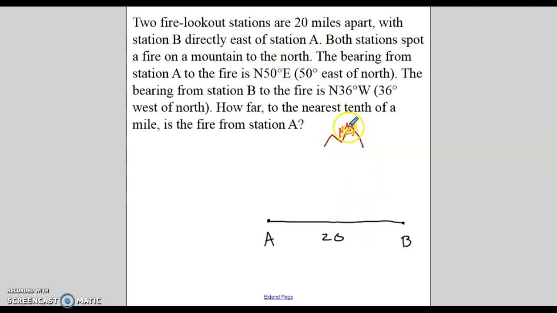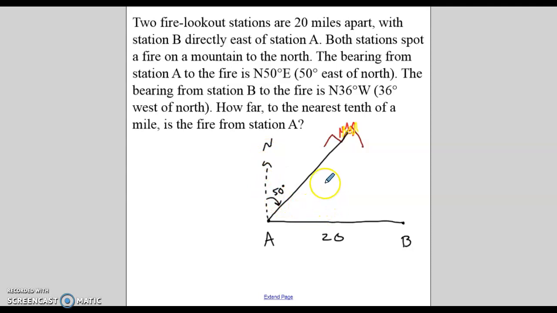Both stations spot that fire and they communicate their bearings. Station A looks at the fire and says that it is north 50 degrees east. That's 50 degrees east of north. So north is this direction, and 50 degrees towards the east of that would be this direction. That line is 50 degrees east of north.